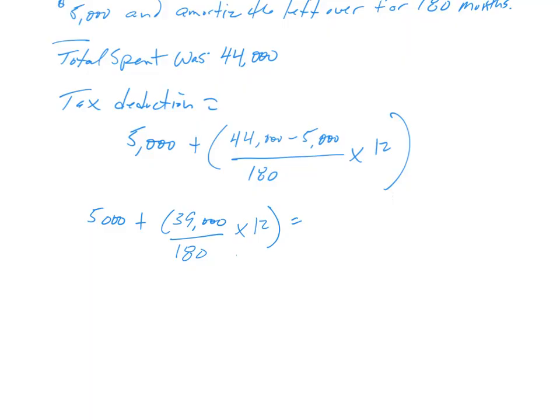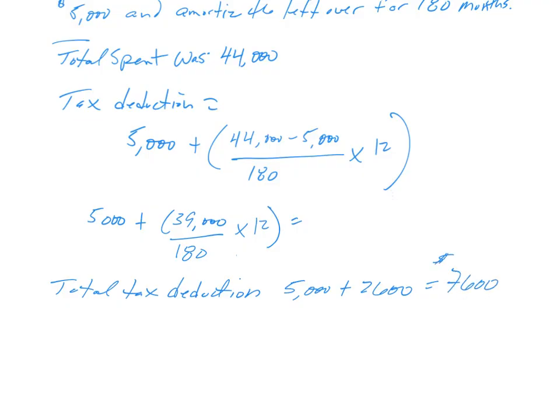It's $2,600. So then their total tax deduction is $5,000 plus $2,600, which is $7,600. Okay, so that's their total tax deduction.